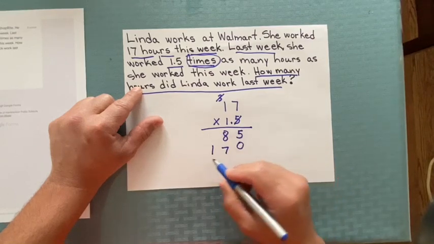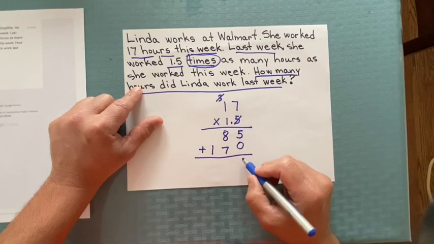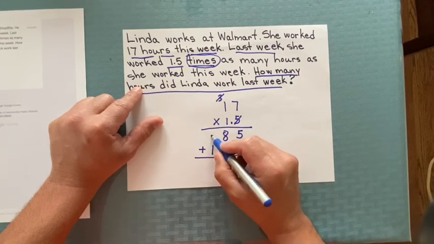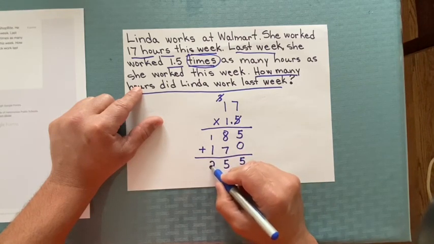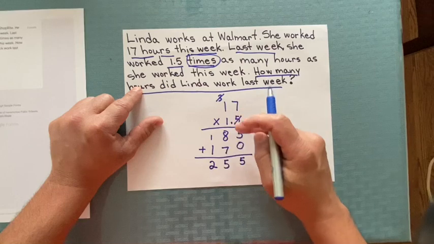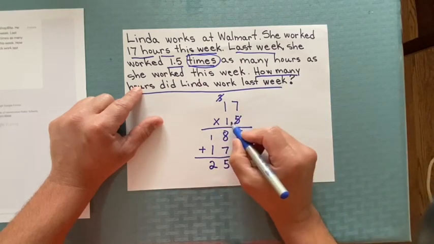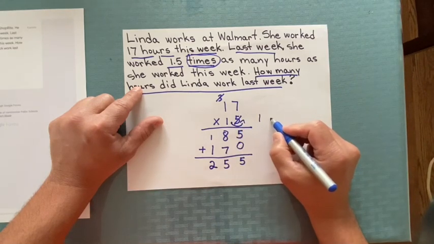Once I have my partial products, I can add them. So we have 5 plus 0 is 5. 8 plus 7 is 15. I carry the 1, put the 5 down, and 1 plus 1 is 2. Now we go back and we scoop out the decimal and we scoop in the decimal. So in this case, we're going to scoop out 1 time.